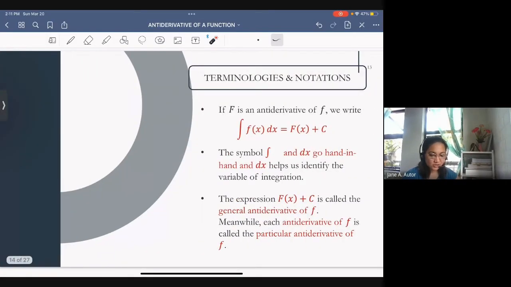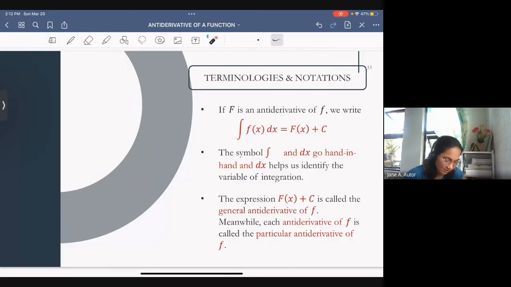Some other notations: if uppercase F is the antiderivative of small f, we will write the integral of f of x dx equals the uppercase F of x plus C. So we have again the integrand, and then our integral symbol or notation. The integral symbol and dx go hand in hand, and dx helps us to identify the variable of integration.